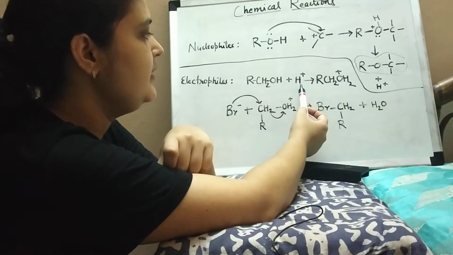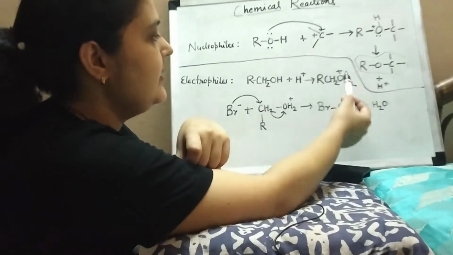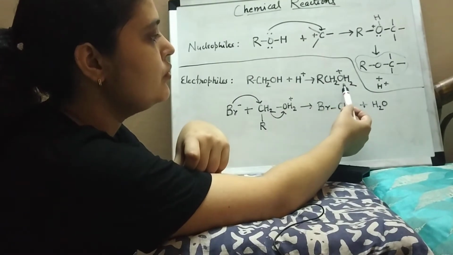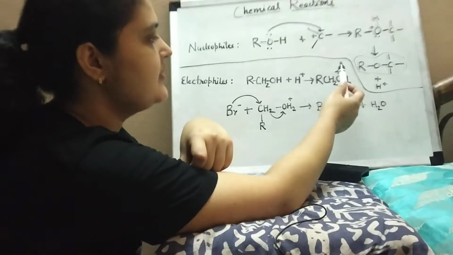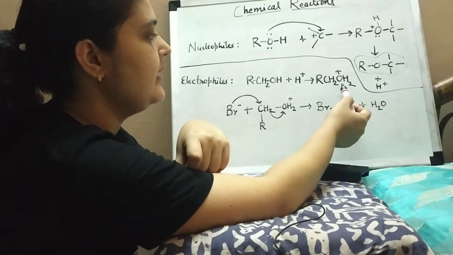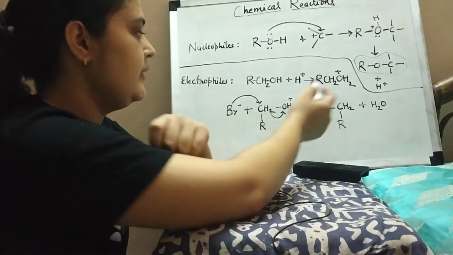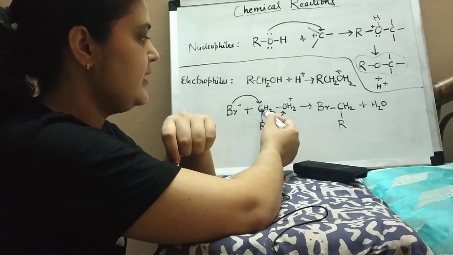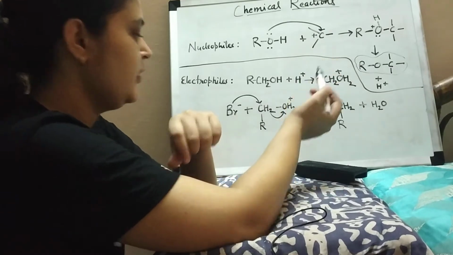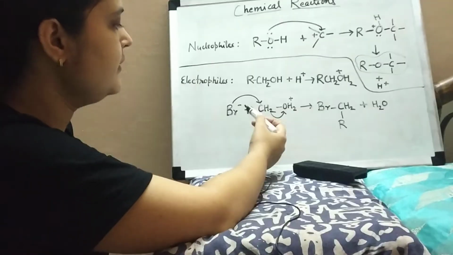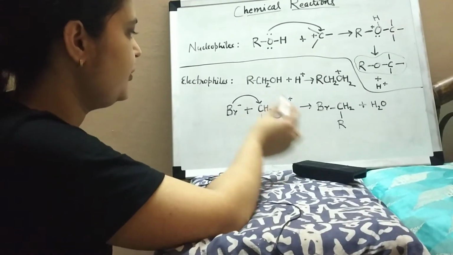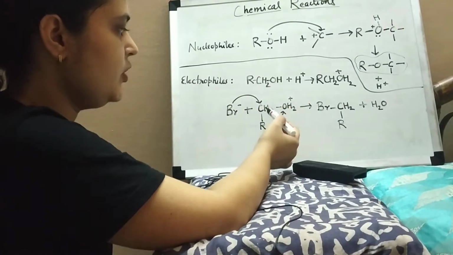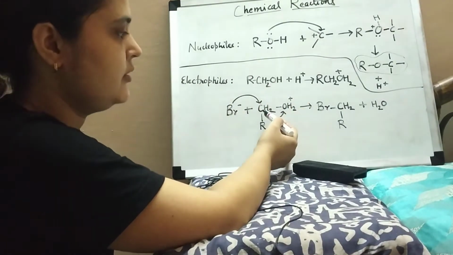It accepts the proton of the acid and forms RCH2OH2 plus, with a positive charge on the oxygen atom. Here this is acting as an electrophile because it is electron deficient.